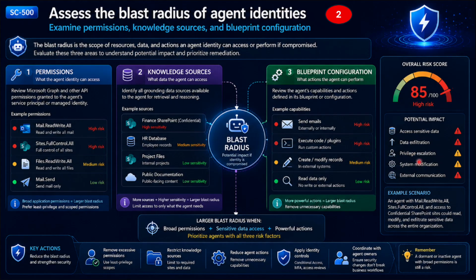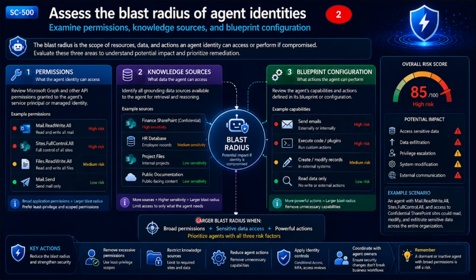So those agents are really dangerous. If one of those agents is controlled by a malicious user, could it do privilege escalation, system modification, or external communication? So those are the kind of things that we need to understand.